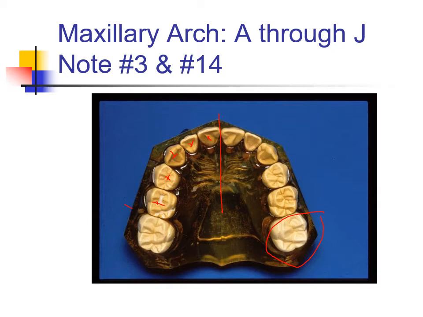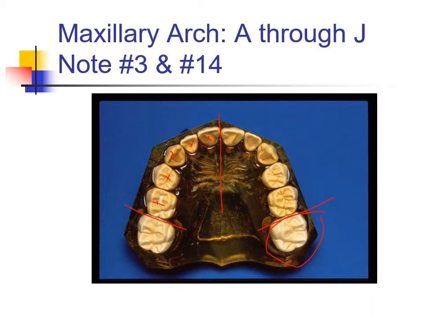Here you see the permanent molars at this point. And so in order to label or identify these teeth using the universal tooth numbering system, we have to recognize that we have 3 and 14 in this model, being the first maxillary molars.